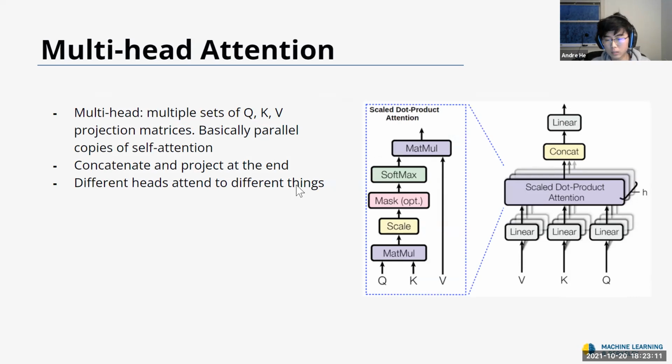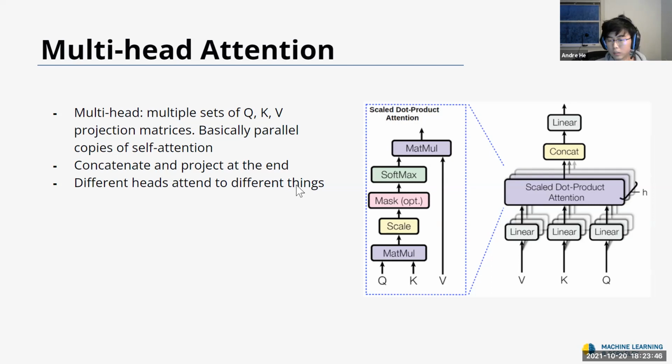Multi-head attention is not super complicated once you understand self-attention. It just means you have different sets of these projection matrices, so different ways to produce the queries, keys, and values. That will just mean you have several copies of self-attention running in parallel. That allows the model to attend to tokens in different ways. Each copy of the self-attention is just one head, and each head might have a different mechanism for attending to things.